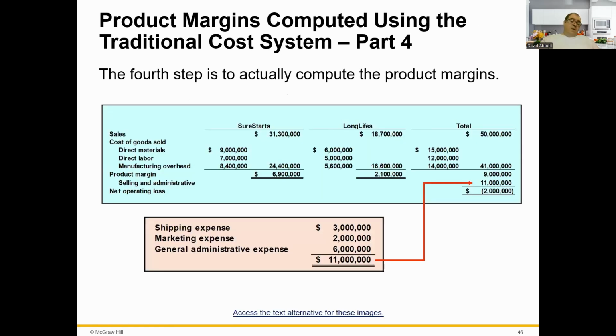The fourth step is to compute the product margins, $6.9 million for Sure Starts and $2.1 million for Long Lives. Notice that selling and administrative expenses are not allocated to products because they are assumed to be period expenses. The overall net loss of $2 million reconciles with the income statement that we took a look at in the beginning.